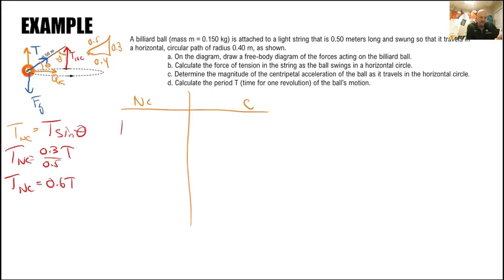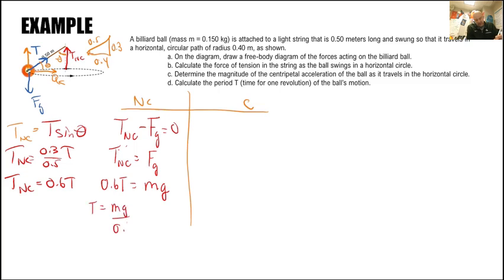Okay, so I'm going to have T non-circular minus FG equals 0. So T non-circular is going to equal FG. So 0.6 T is going to equal m times g. Just kind of working my way down, we're going to have T equals mg over 0.6.